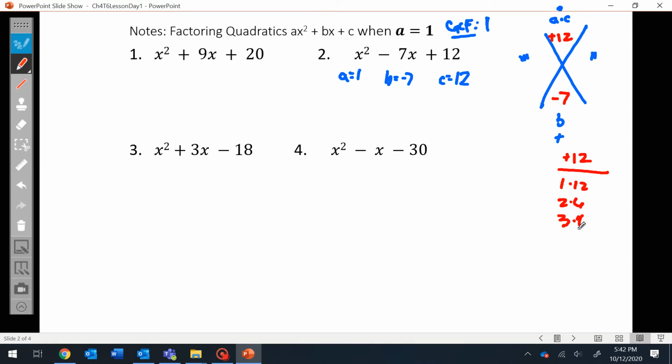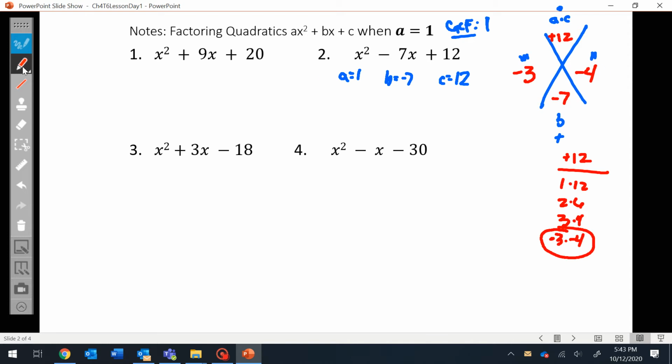This one's close, and it adds up to positive 7. So what I need is to make them both negative, because -3 times -4 is positive 12, but -3 plus -4 is -7. So those are the two numbers I'm looking at, -3 and -4.